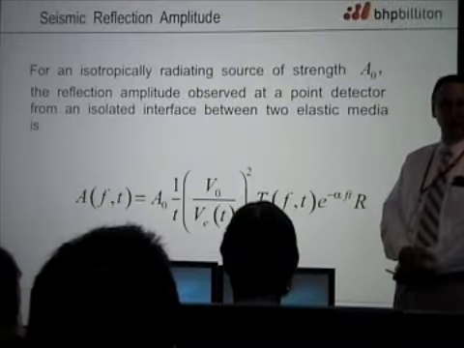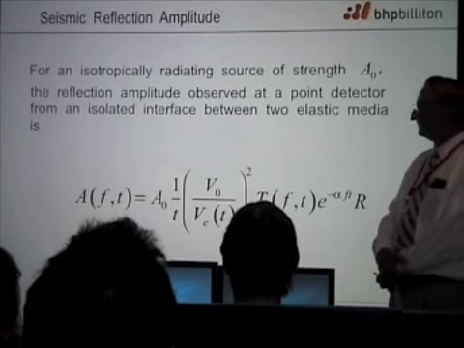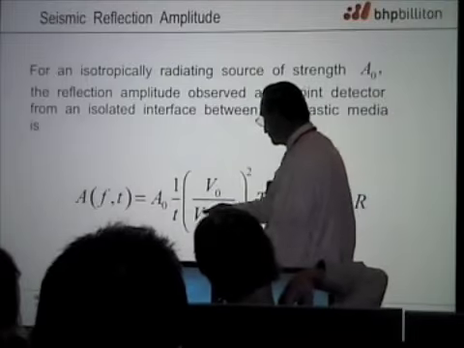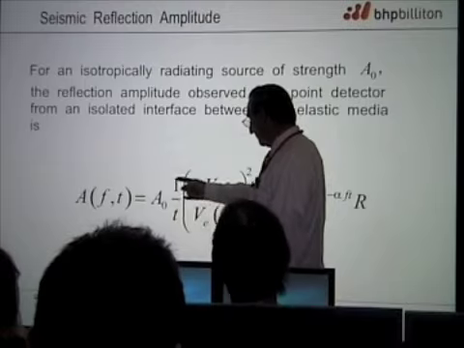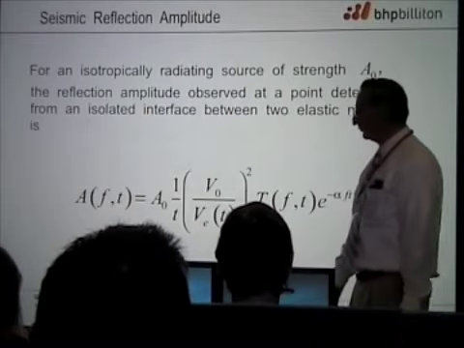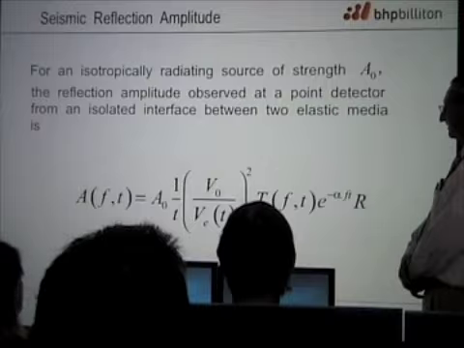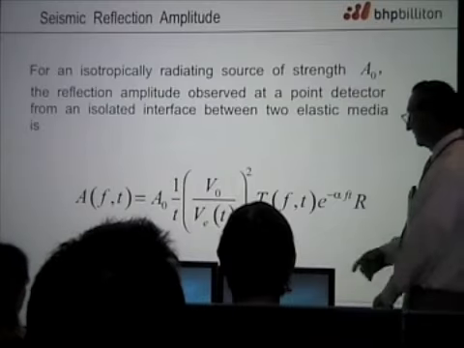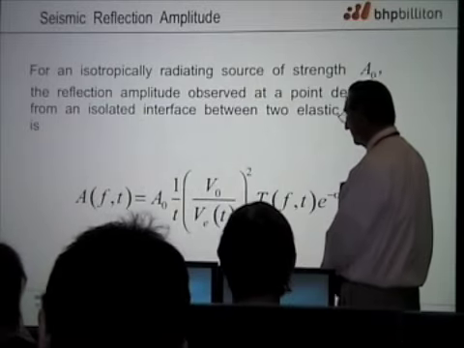So the amplitude is going to go as 1 over r, right? So for a constant velocity medium, 1 over t will be how things change with time. You have 1 over r with that constant velocity, so that's what you get.